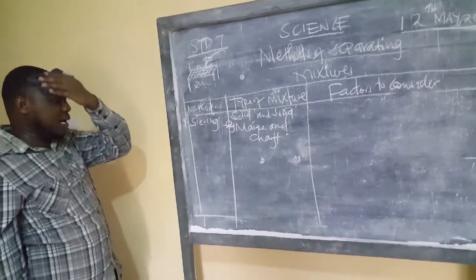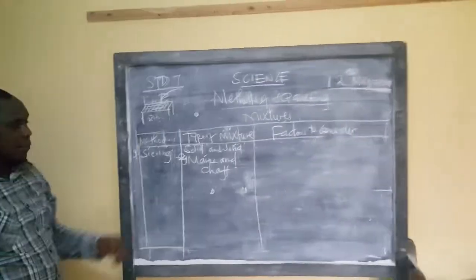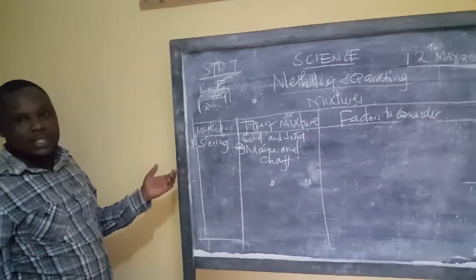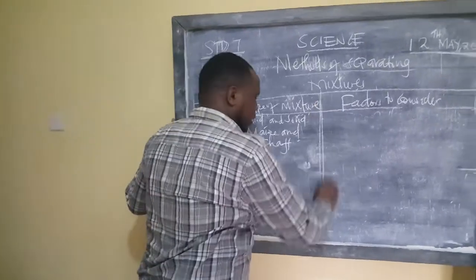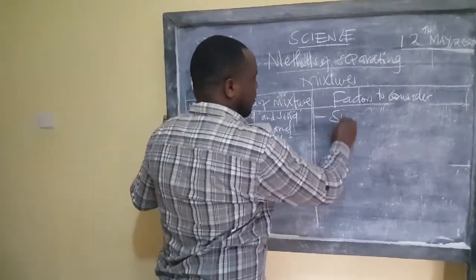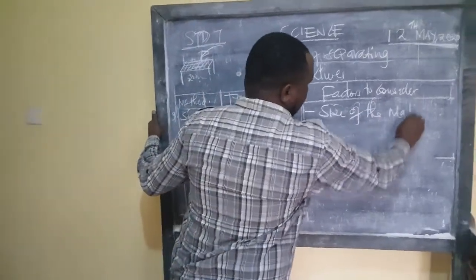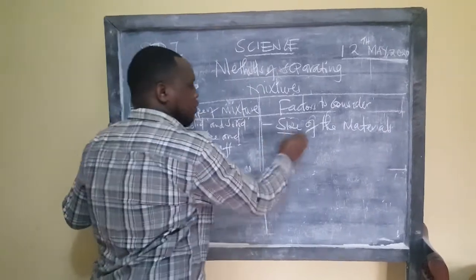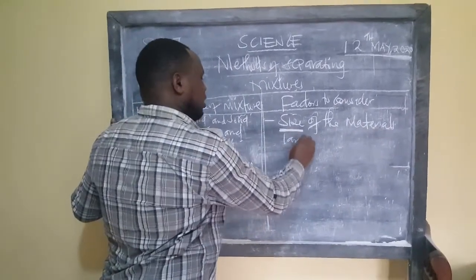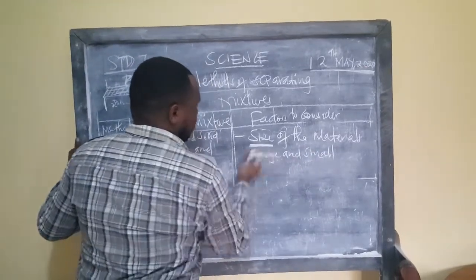You can separate maize and chaff either using winnowing or sieving. And here, what are the factors that we are considering? The factor that we are considering is the size of the materials, that is big and small.